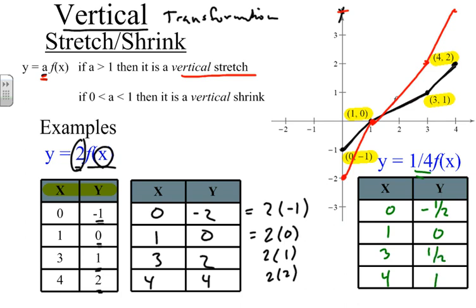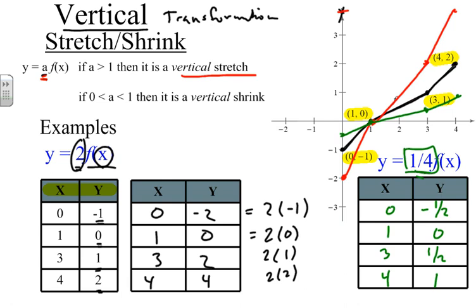As we go through, we can plot these points: we have 0, -1/2 right here, and we have 1, 0, and 3, 1/2, and then 4, 1. You can see that when we plot these, it's shrunk. It's actually made smaller because all our y values have been multiplied by 1/4, which made the y values shrink.